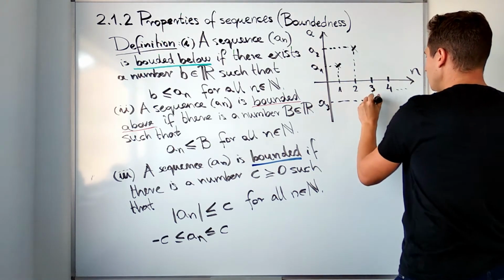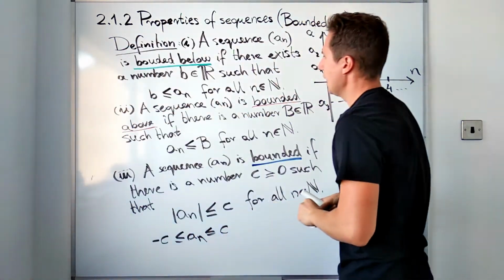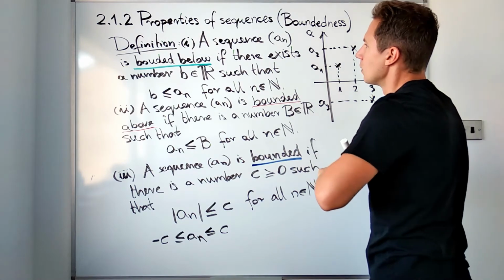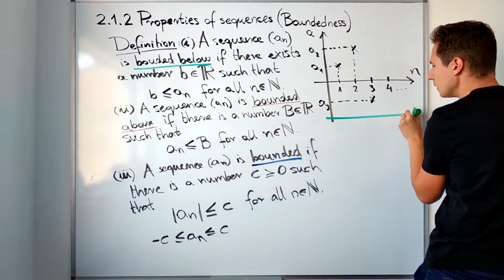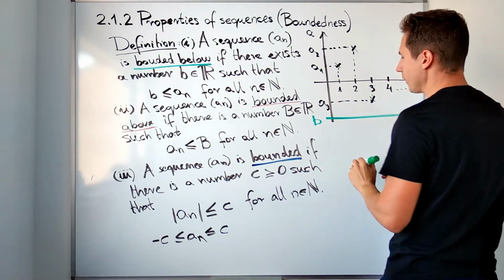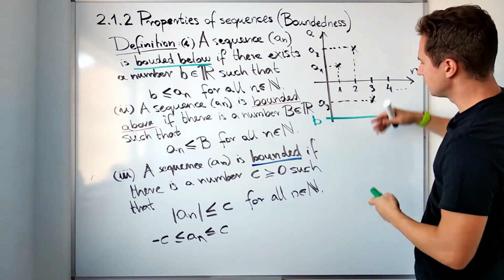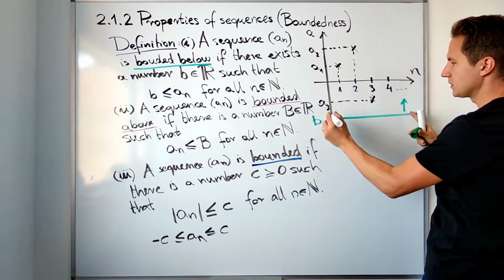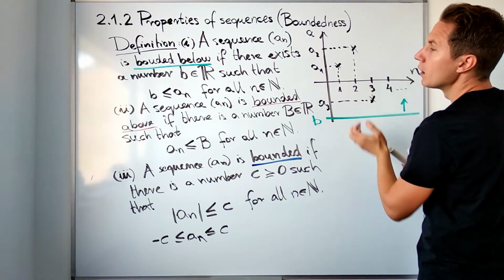So you can keep doing this, and this way we can understand that a sequence that is bounded below by some number behaves as follows. We would have at the height little b a floor, so to speak, below which none of the terms in the sequence go. So all terms in the sequence are above this floor. This is when we have a sequence that is bounded below.